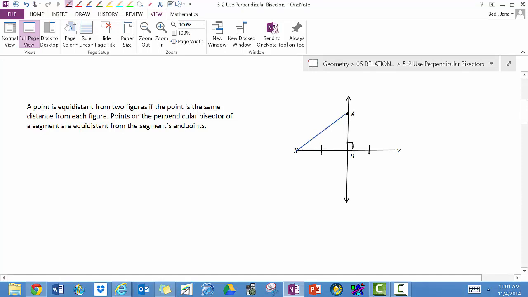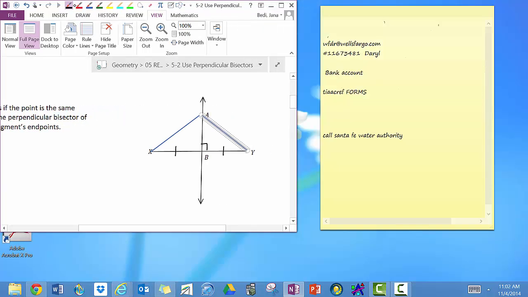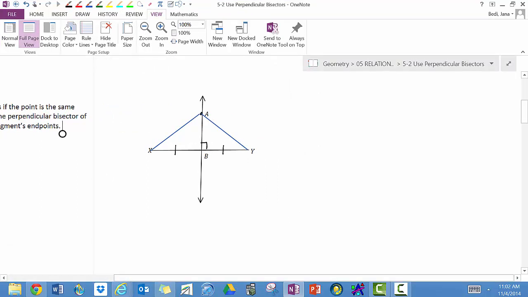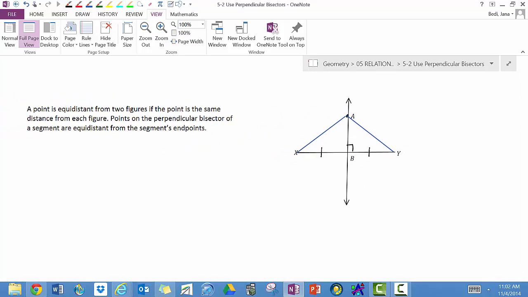So these two are also congruent. If I were to put another point over here, let's say, and draw some more segments, these would also be congruent.